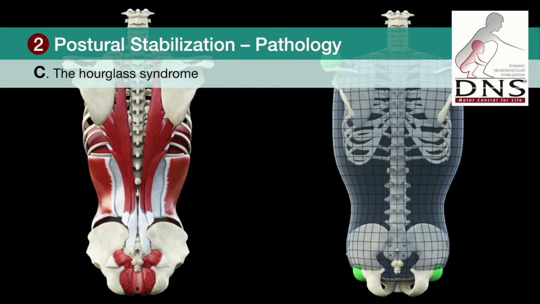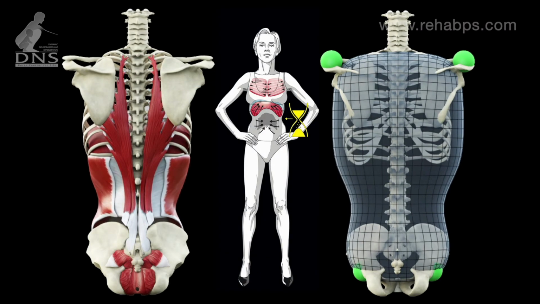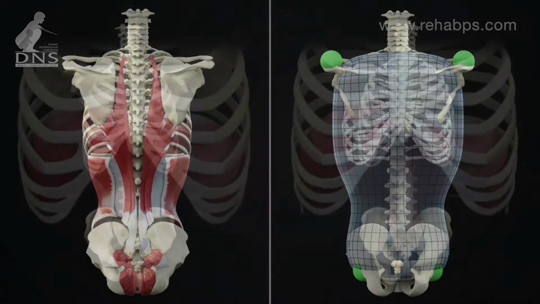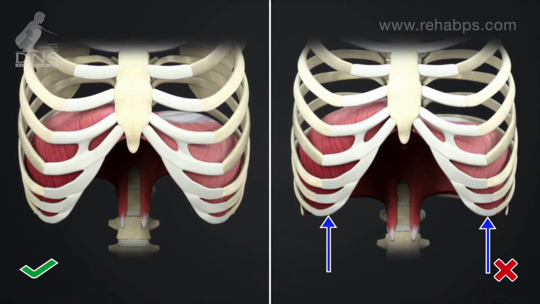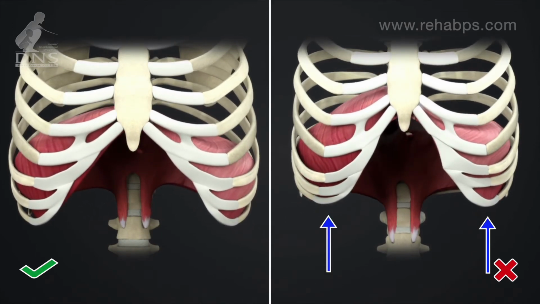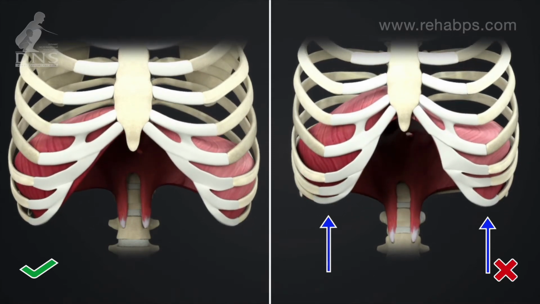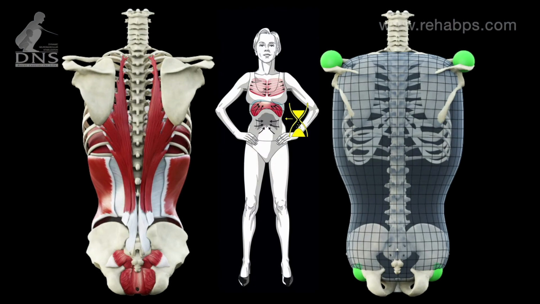The following is observed in what we call an hourglass syndrome. With insufficient spinal stabilization, the diaphragm does not flatten sufficiently. The lower aperture of the rib cage does not expand, and the content of the abdominal cavity is not sufficiently compressed.